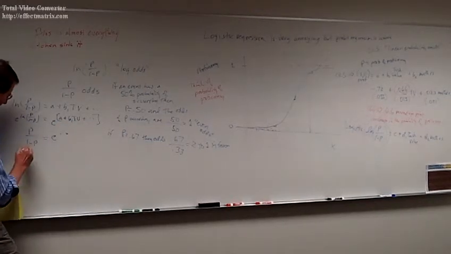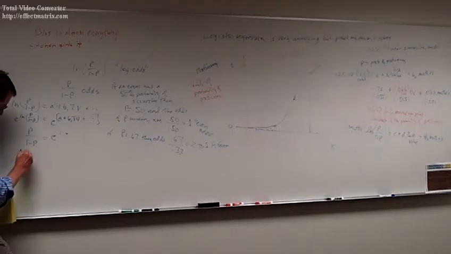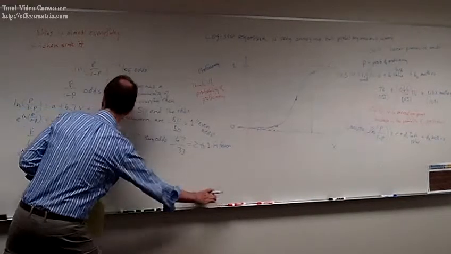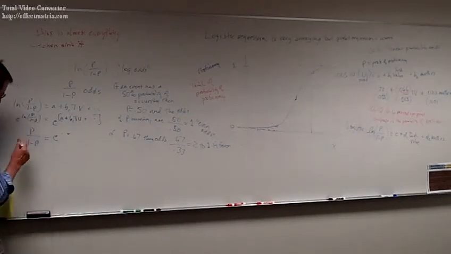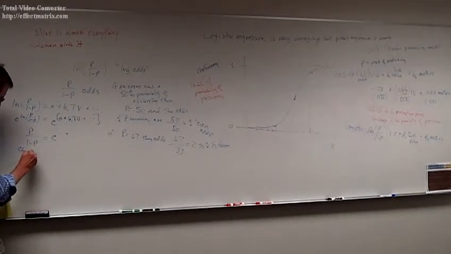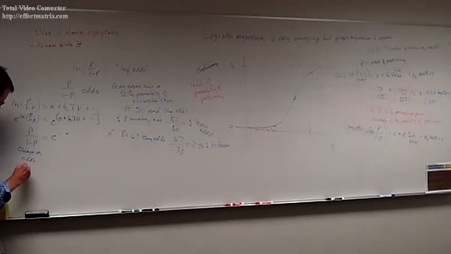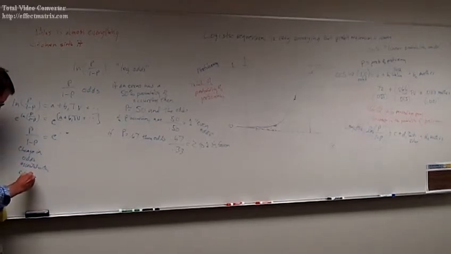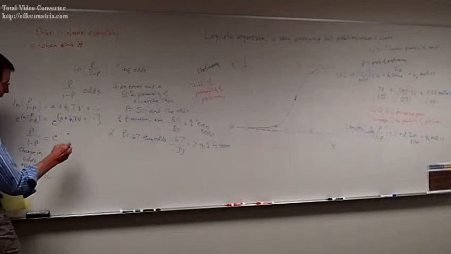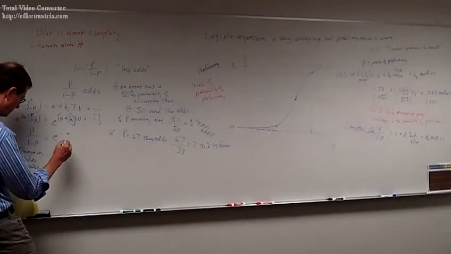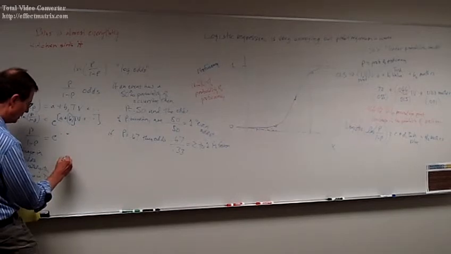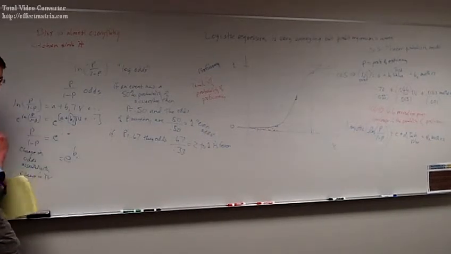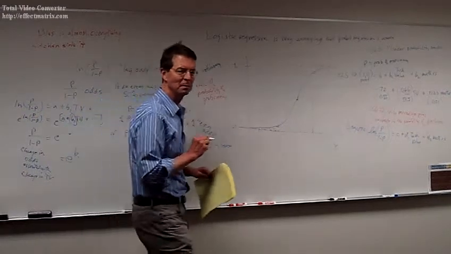But the change in the odds associated with change in task value is just e to the coefficient that you get from the log odds equation.